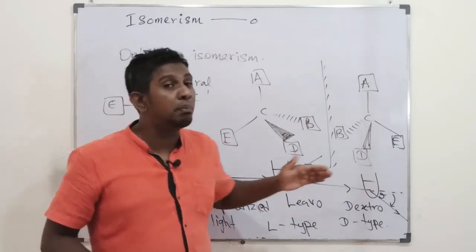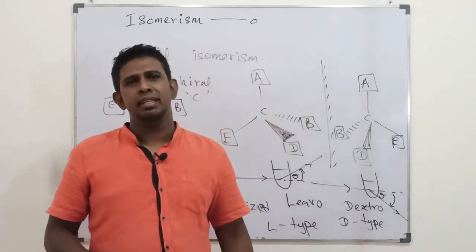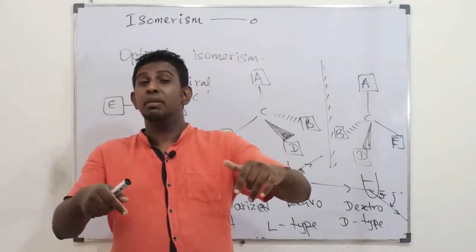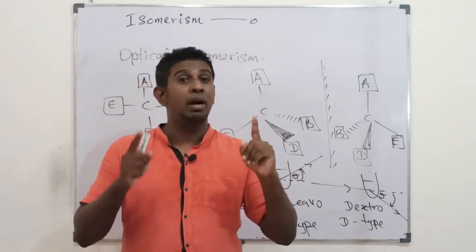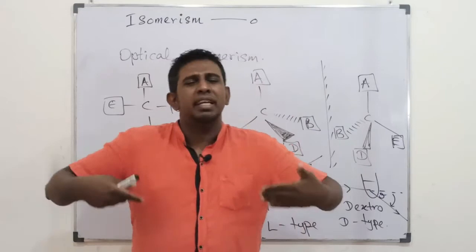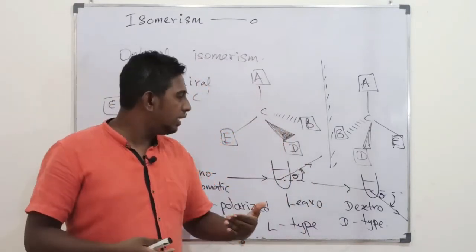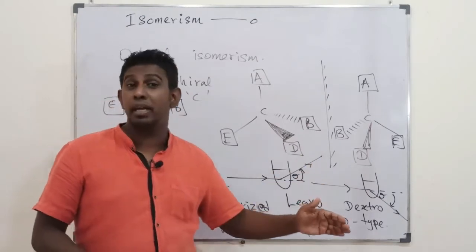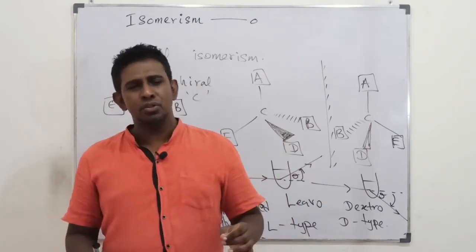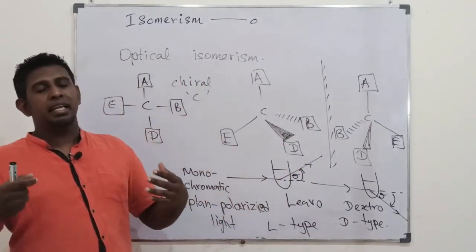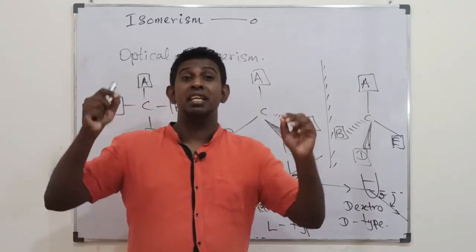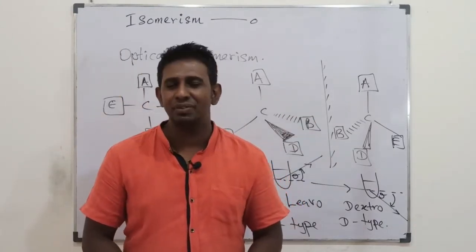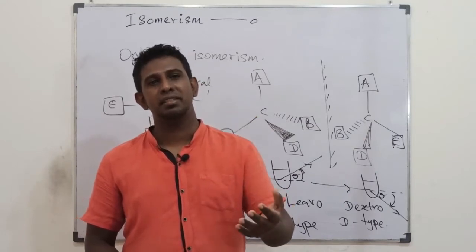It would just pass straight. Such a mixture having both enantiomers in a 1:1 ratio does not change the direction of monochromatic plane polarized light, so it is identified as a racemic mixture. That's what we call a racemic mixture.